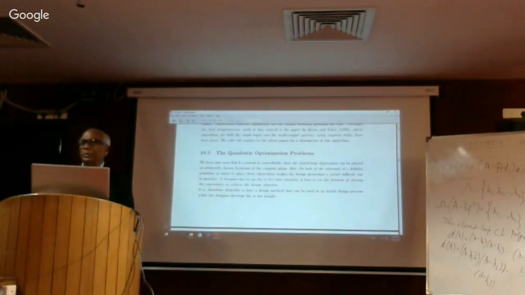As a matter of fact, the designer has to use his intuition and the freedom of choosing the eigenvalues so that the design objective is achieved, right?